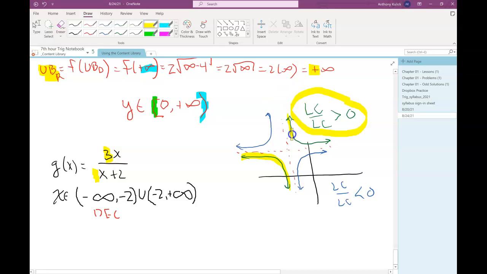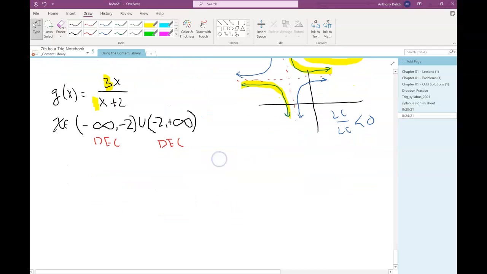And when I look at this part of the graph as I move from left to right, also we're going down. So this piece is also decreasing. Does that feel okay with everybody? Yes.